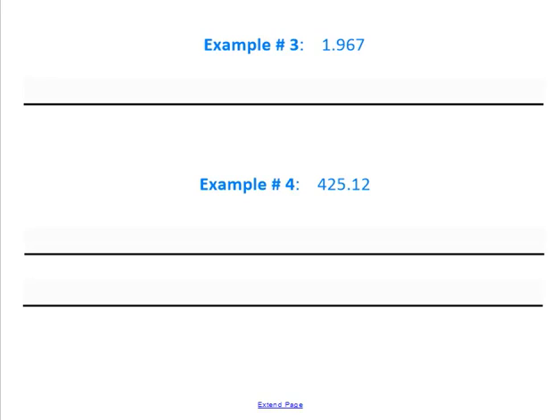Let's try another one. So we're going to say the whole number part first, which is 1. Then we're going to say the decimal, which is "and." And remember, you can only say "and" once in the problem because there's only one decimal ever in the problem. Now, here we have a bigger number after the decimal.